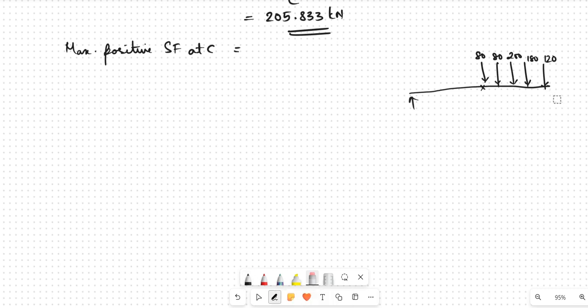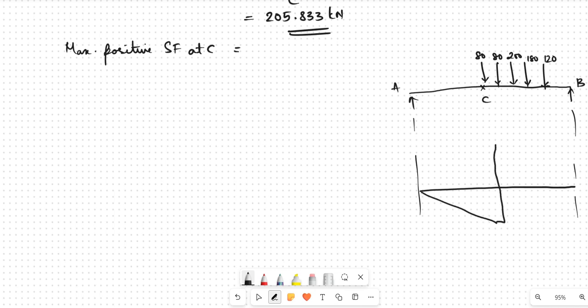Then we will draw the ILD also. So this is A, C, and this is B. Now the corresponding ILD and the ordinates.